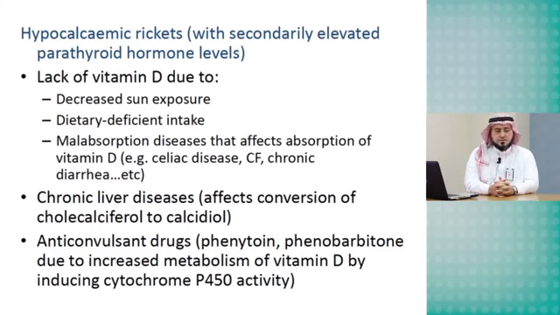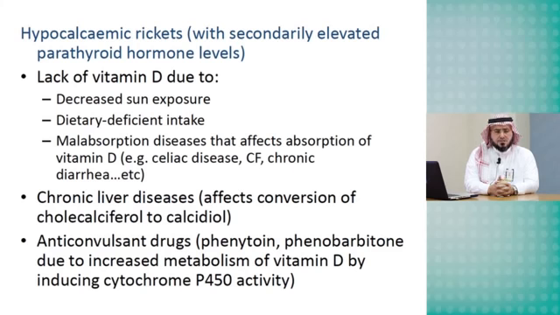The causes of this type of hypocalcemic rickets, as mentioned before, are lack of vitamin D due to decreased sun exposure, due to decreased intake of vitamin D, due to malabsorption diseases, for example, those with celiac disease, those with cystic fibrosis, those with chronic liver disease, those with biliary atresia, with any chronic GI tract problem impairing the absorption of vitamin D. Another important cause is children with chronic liver disease.